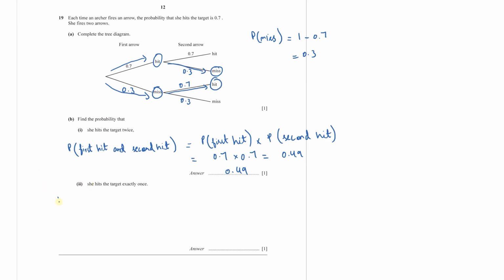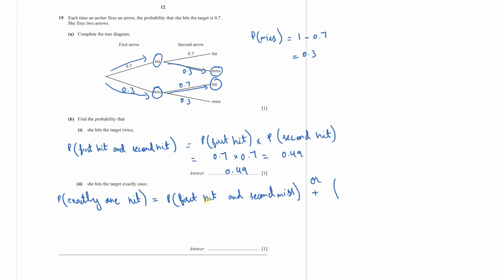So the probability of exactly one hit is equal to the probability of first hit and second miss, or, which I am representing with a plus sign, because for 'or' we always replace it with plus, and for 'and' we always replace it with the multiply sign.